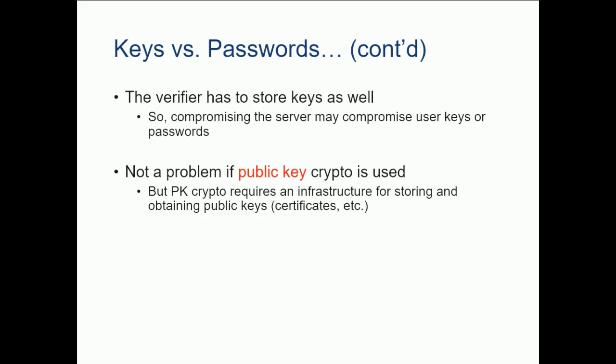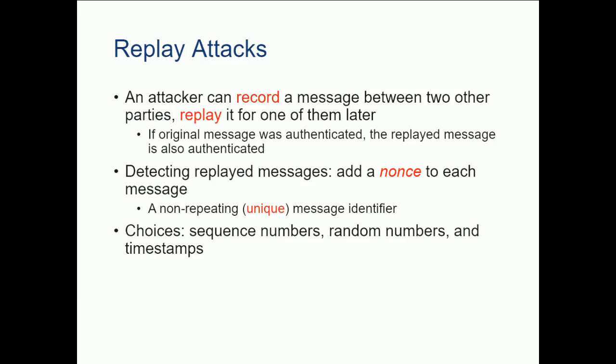Last topic today. As I mentioned in our attack model, the attacker may intercept the message and replay the message. This is called a replay attack. This attack is a problem because if the original message is authenticated, then the replayed message is also authenticated, even if the original message is encrypted.